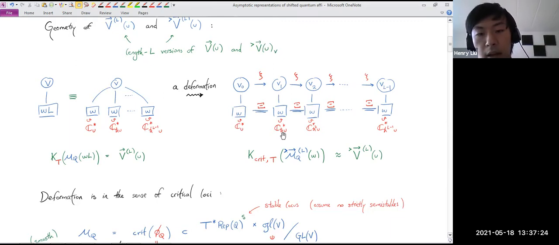Now imagine you apply a lowering operator to this chain.